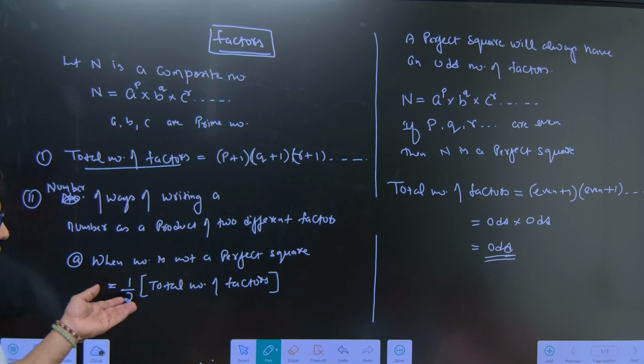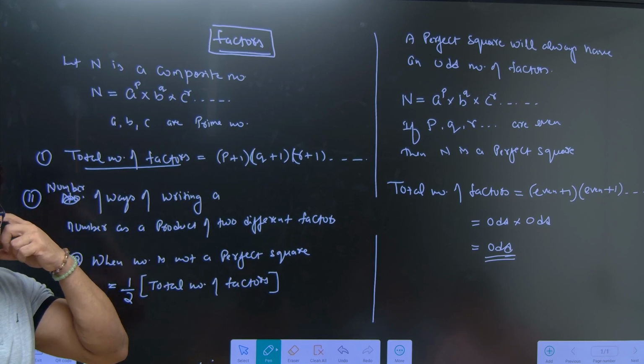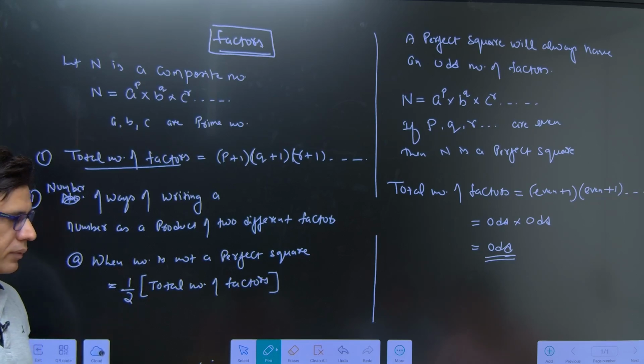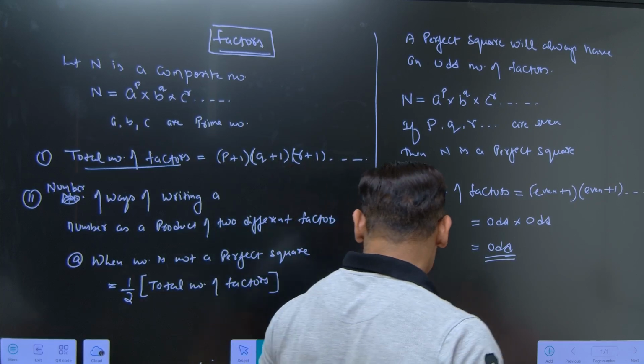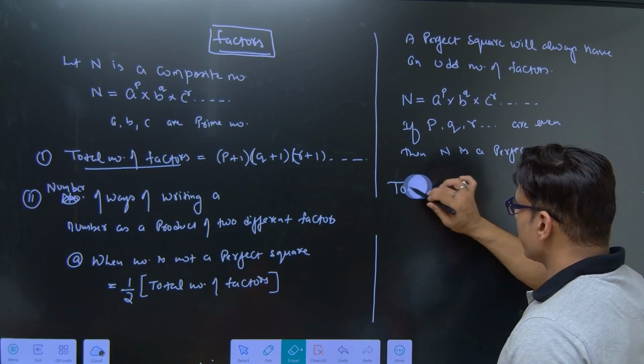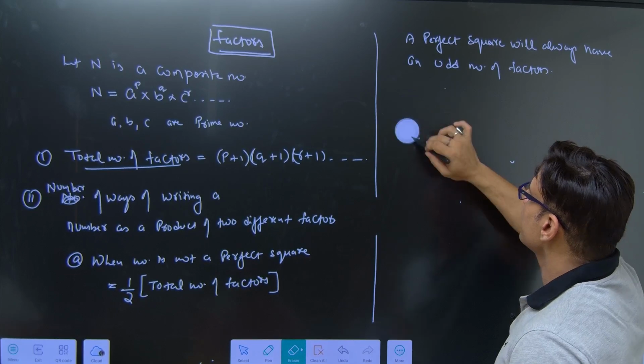That means you take any number, find out the factors by using the total number of factors formula and take half of that, right? If the number is a perfect square and you have to write that number as a product of two different factors, understand? Different is mentioned or not, that's very important when the number is a perfect square.